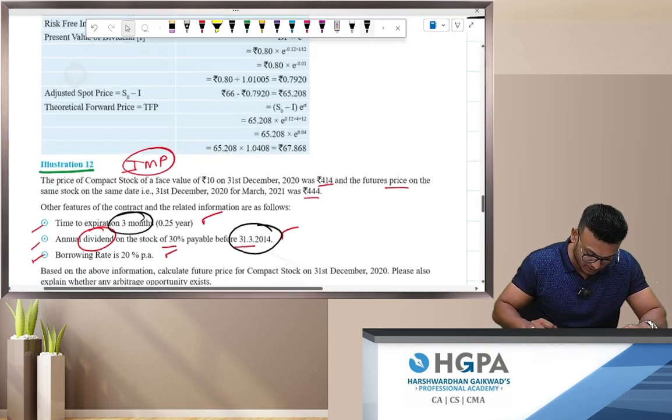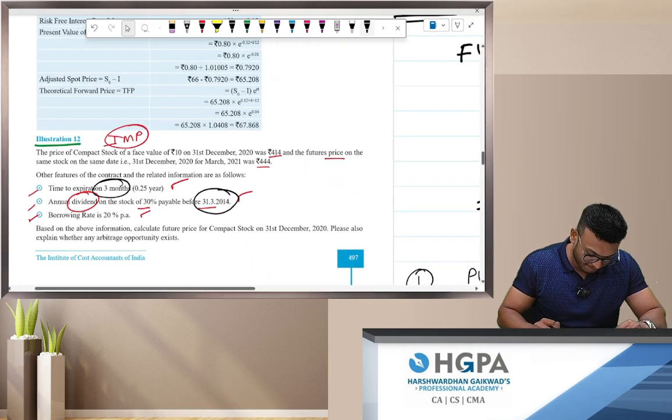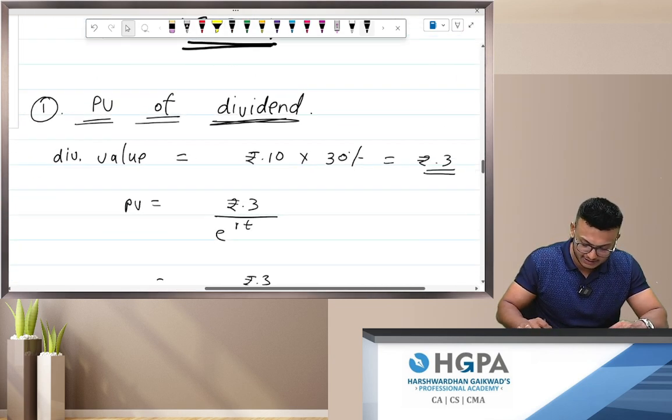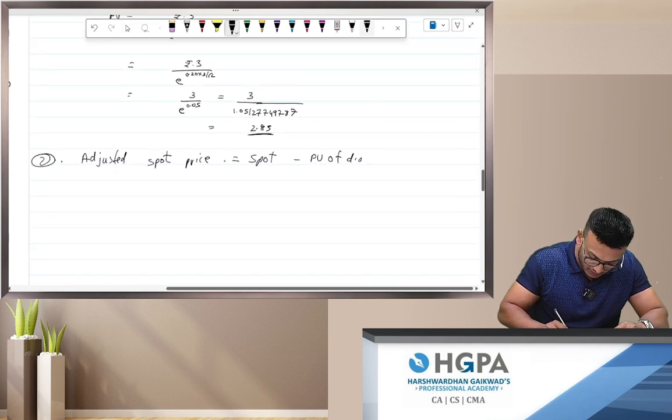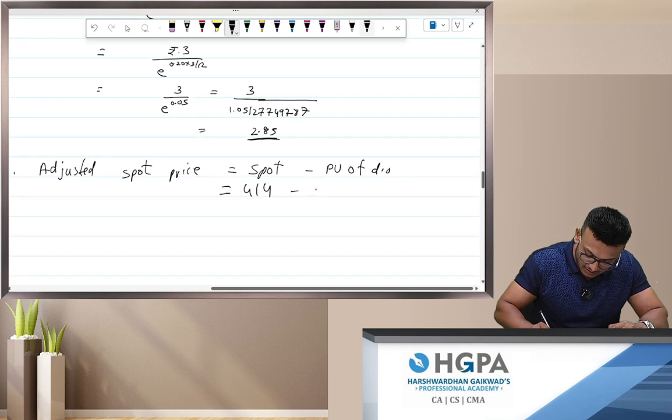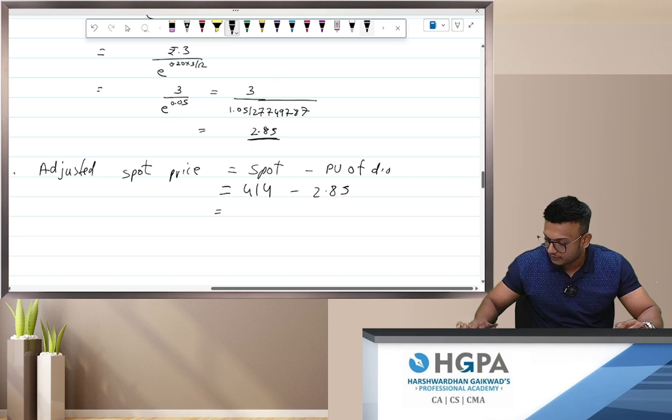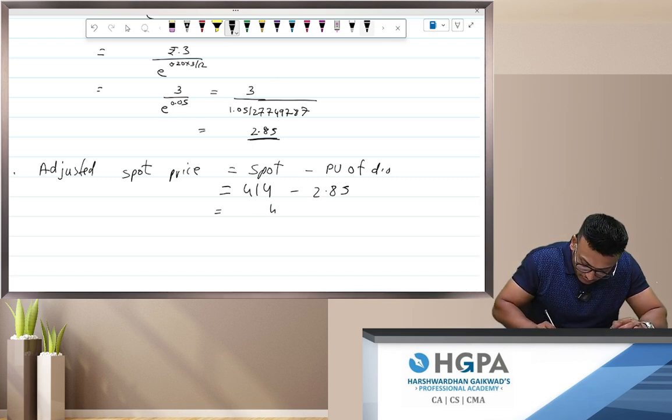Spot price is given as 440. So 440 minus 2.85 is 411.15. This is the adjusted spot price.